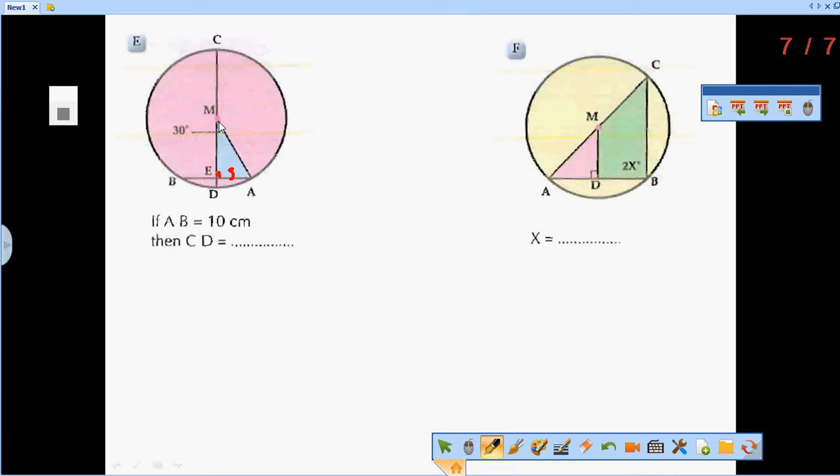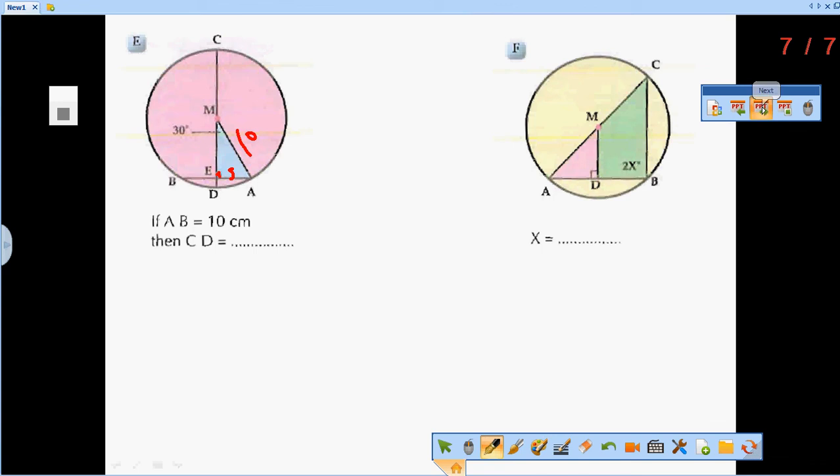It means the hypotenuse here, MA, is twice this side. It means MA must be equal to 10 centimeters. We know that MA is a radius and CD is a diameter. So the length of CD is equal to 2 times 10, it will be 20 centimeters.